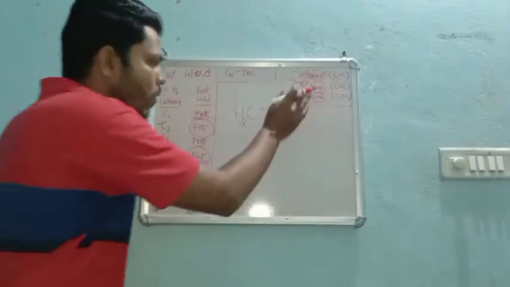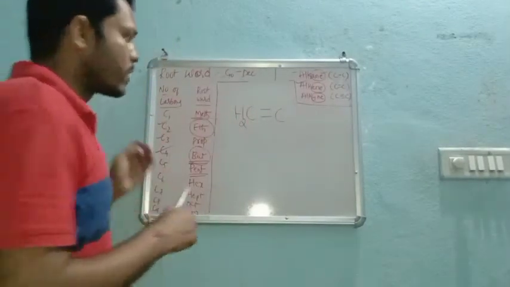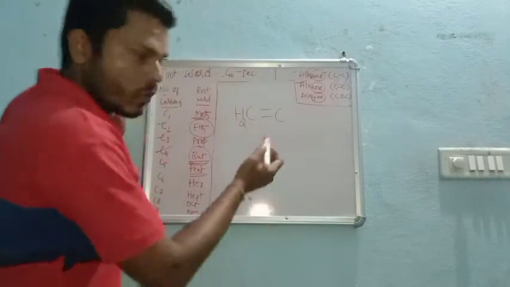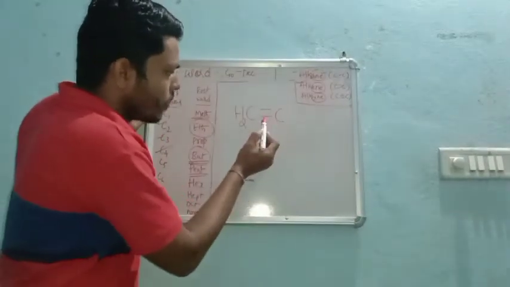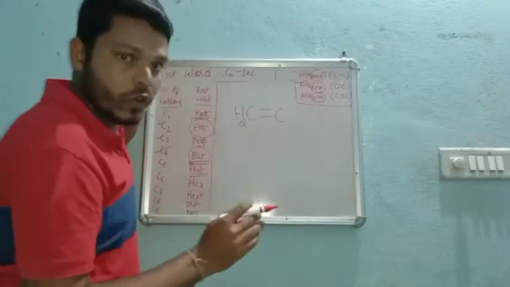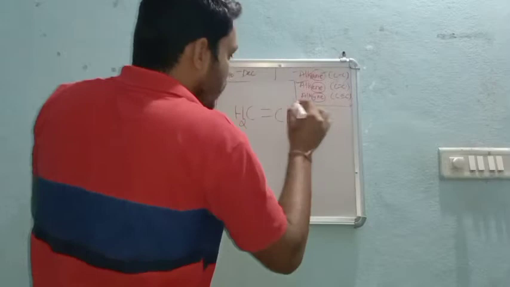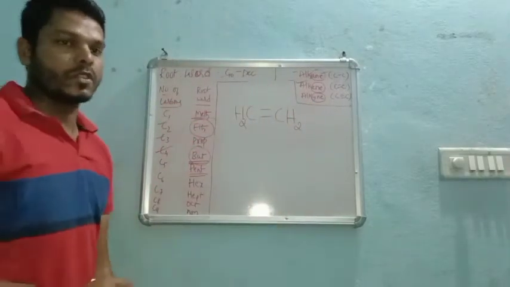That means 2 plus 2, 4. For this carbon also the condition is the same. Only two bonds are there, so it requires 4 in total. That means we have to give 2 hydrogens to complete its stable state, right?